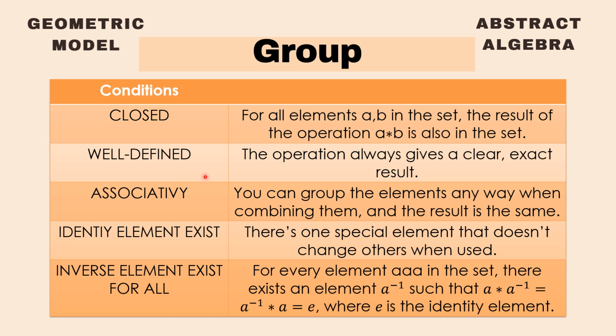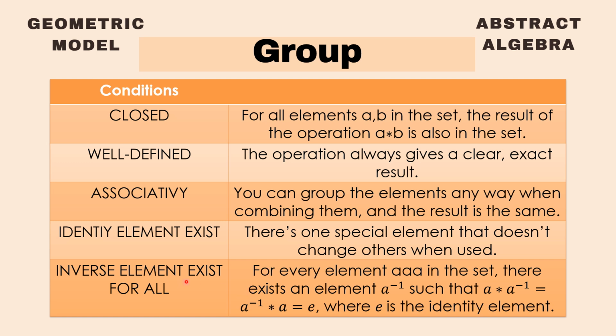It is well defined, wherein the operation always gives a clear, exact, and unique result. Associativity: you can group the elements any way when combining them, and the result is still the same. Identity element exists: there's one special element that doesn't change others when used. And a while ago, we discovered that alpha sub 0 is the identity element of this group.